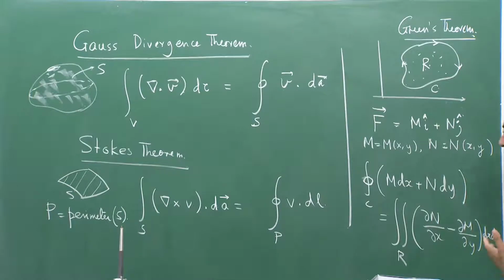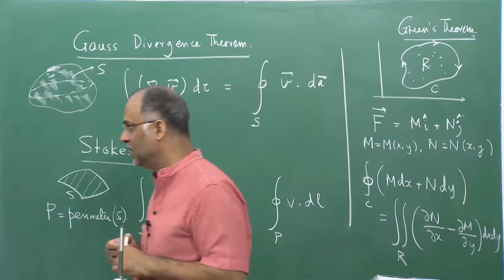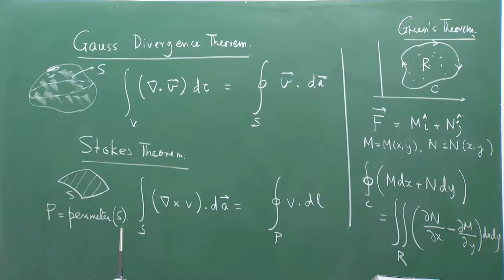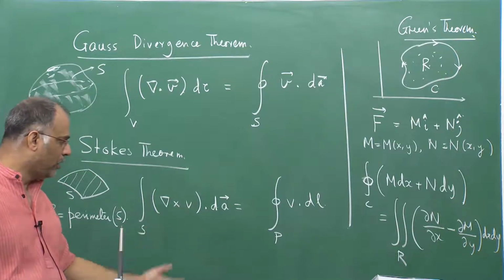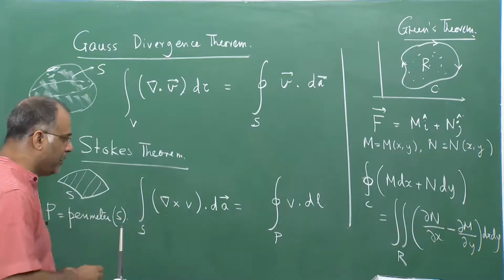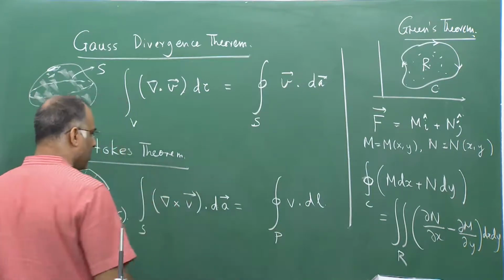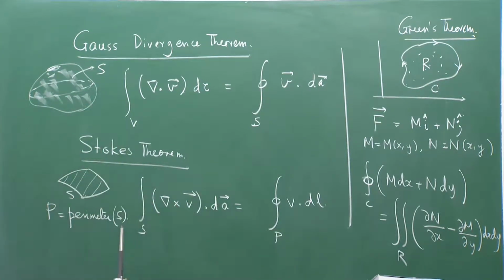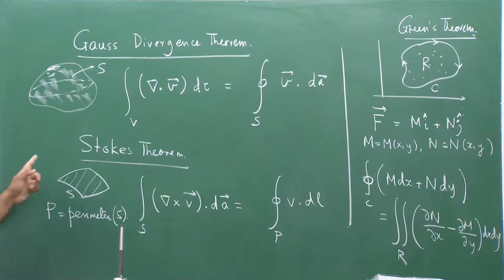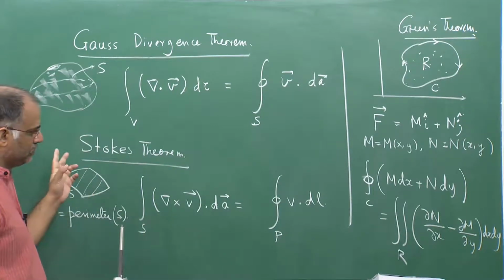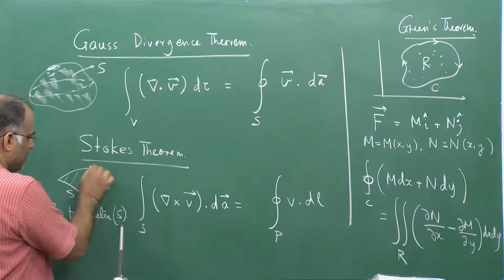Then there is the Stokes theorem. What does the Stokes theorem do? It tells you that if you want to take the surface integral of the curl of a given vector V, then you take the perimeter of the same surface, the perimeter of the patch of this surface.